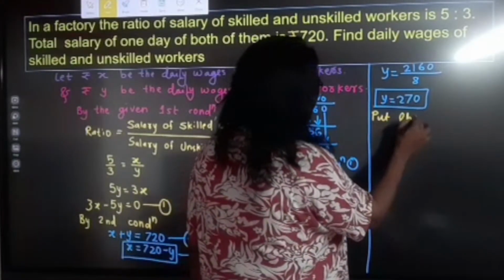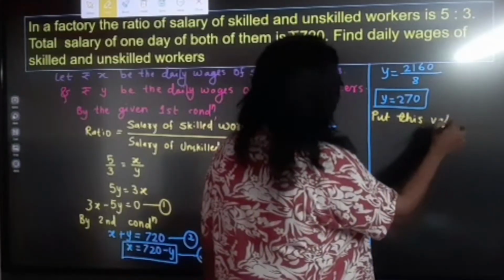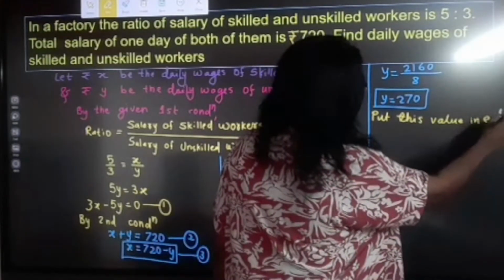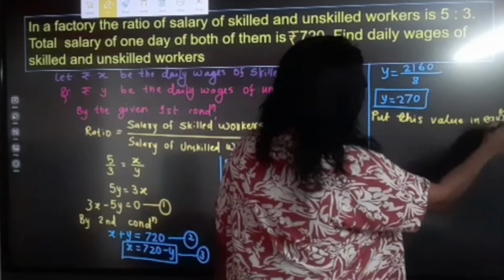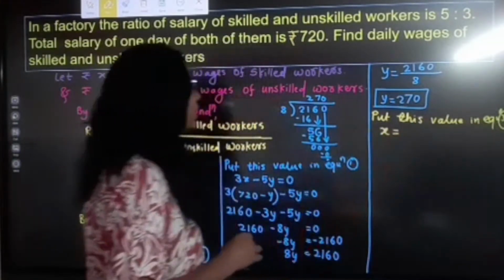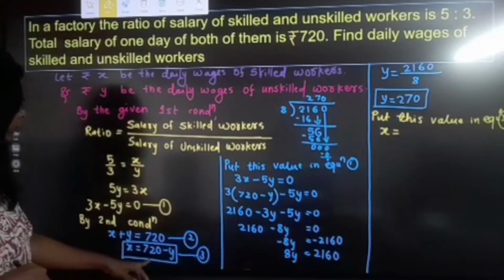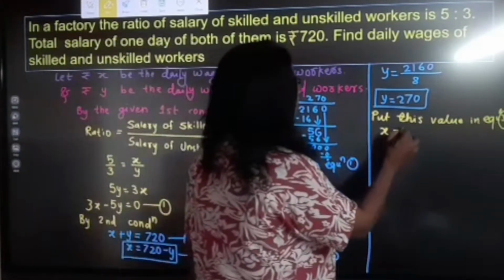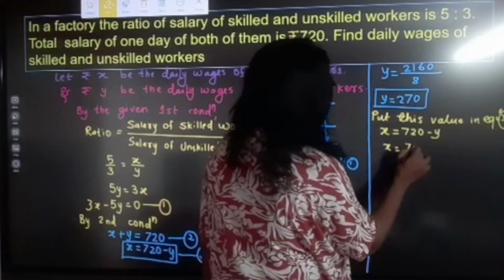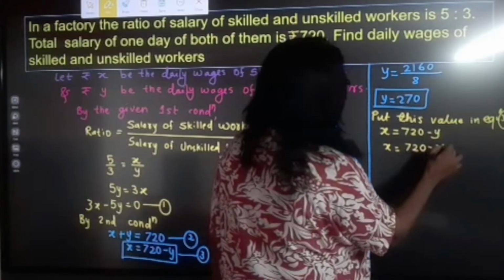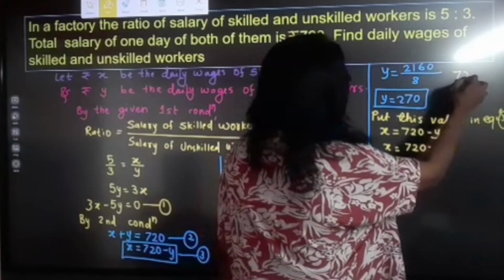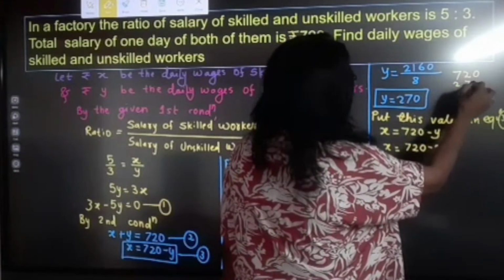Put this value in equation 3. The third equation, students, is x is equal to 720 minus y. So x is equal to 720 minus 270.